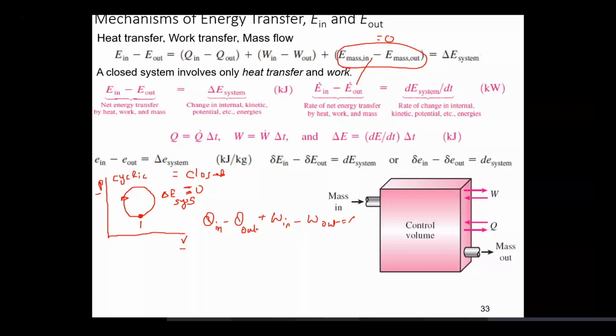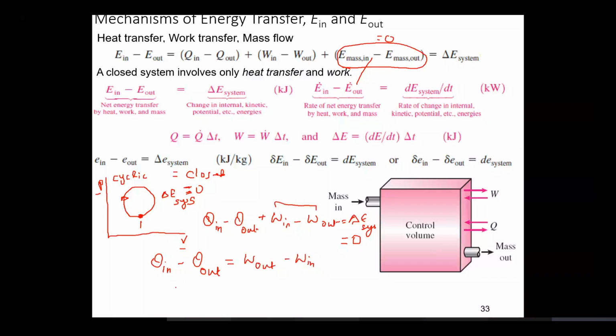Zero. It would be zero. So if I could write it in this form, Q in minus Q out is equal to, if I take the work terms on the other side of the equation, work out minus work in. Is it clear?